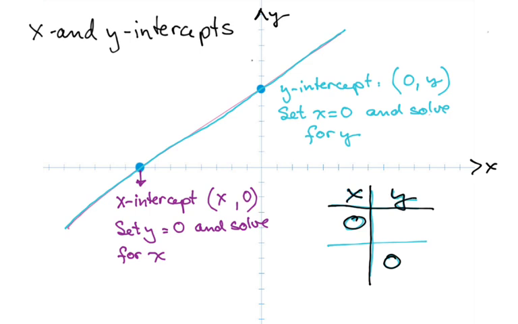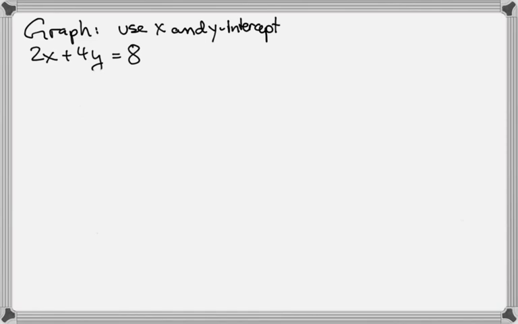So somehow I make the t-table, but just with 2. Okay, let's take a look at this one. Graph it using the x and y coordinates. And that's what I call the cover-up method.